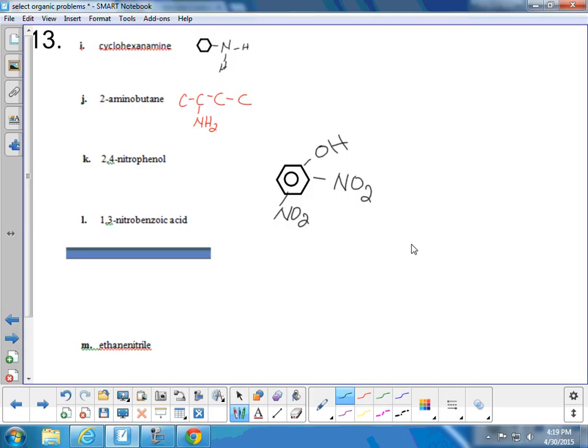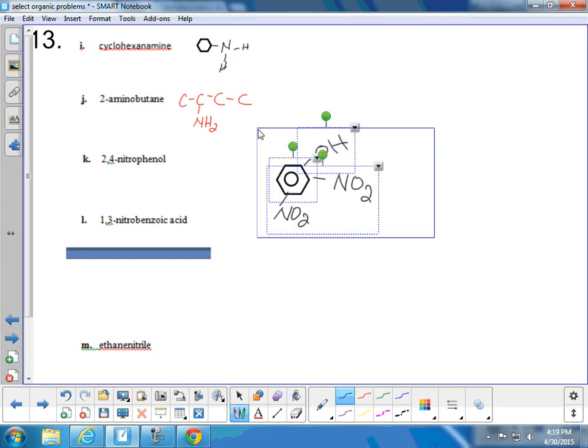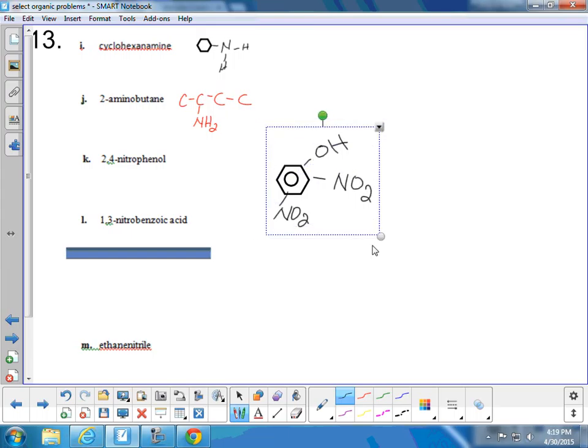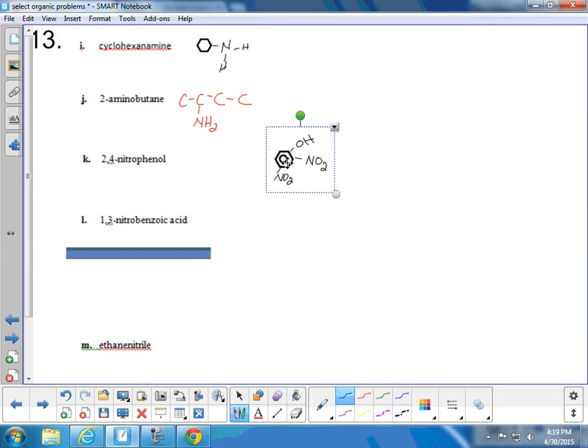On letter L, there's a little bit of an error. It says 1,3-nitrobenzoic acid. Well, if you remember when we did carboxylic acids a few minutes ago, they're always on the very first carbon. So that 1 doesn't really need to be there. Benzoic acid, so benz tells me benzene ring.